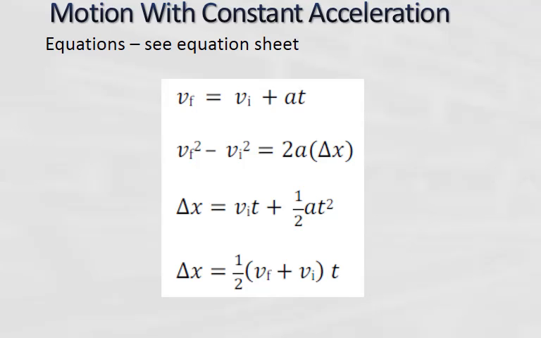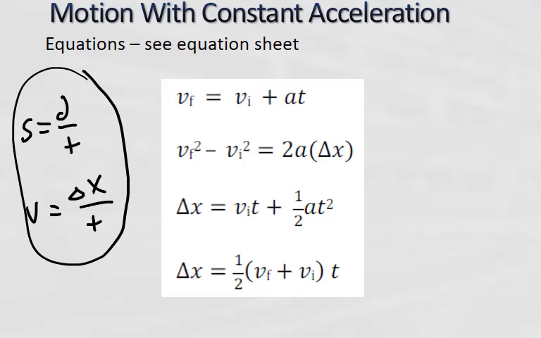All right, so if you remember with our equations, speed is distance over time, velocity is delta x over t, and we can use these as long as our speed and velocity stay the same.